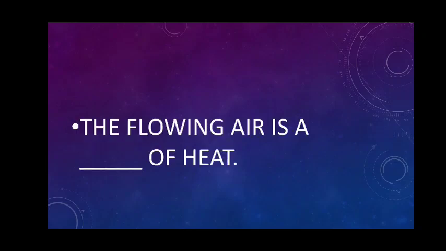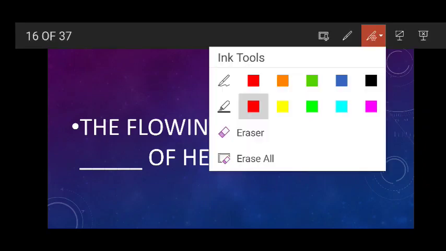Now the next question is, the flowing air is a dash heat. Dash heat means what? Insulator of heat, good conductor of heat, or bad conductor of heat? So the flowing air is a conductor of heat.